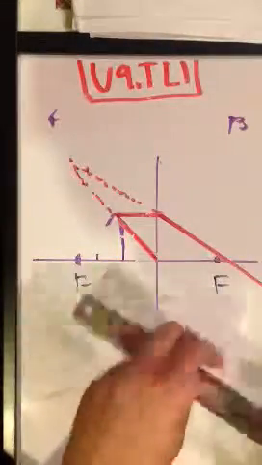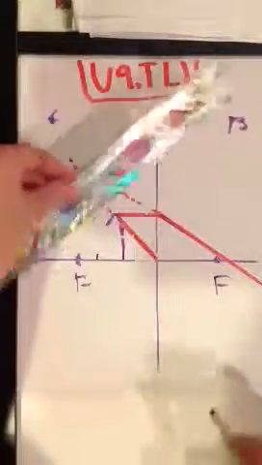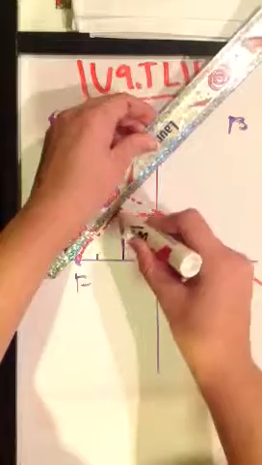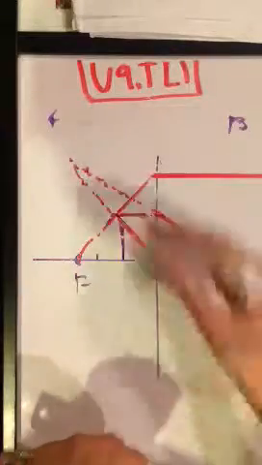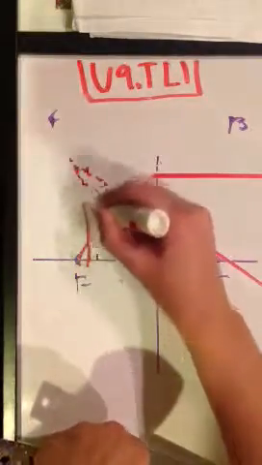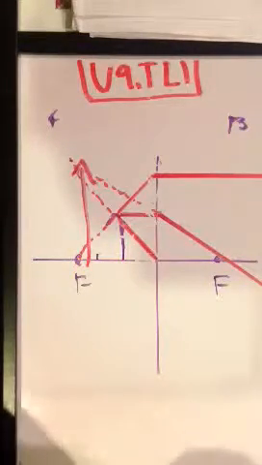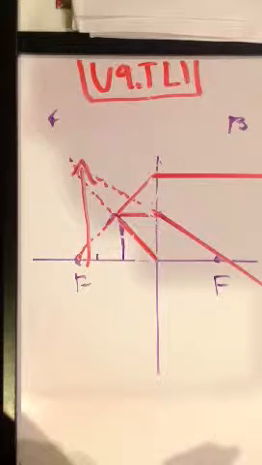And then we're going to draw the focal ray. As you can see, these rays cross here, and so the image will be magnified on the same side as the object and will be a virtual image.